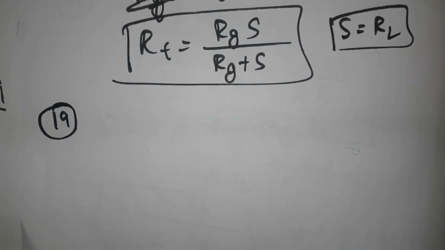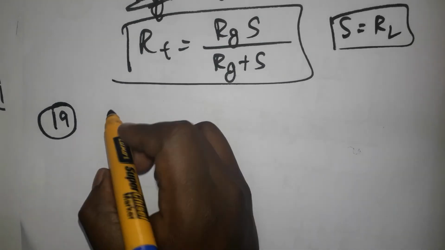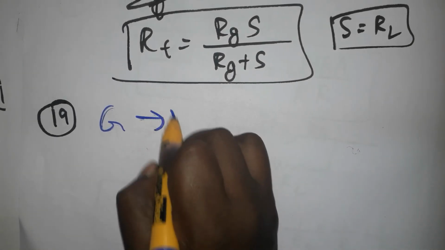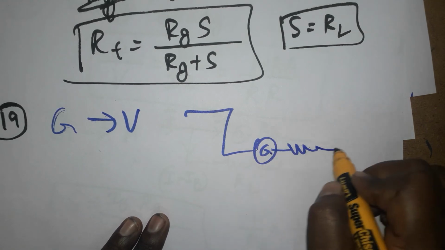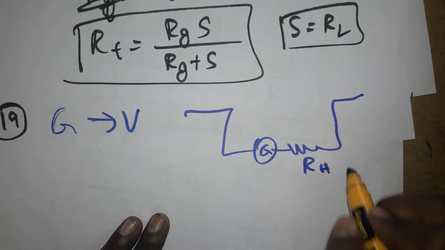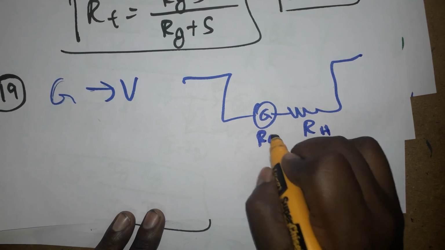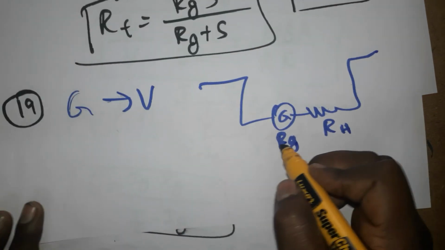Next, formula number 19. Converting a galvanometer to a voltmeter. The galvanometer is connected with a high resistance in series. I am taking the galvanometer resistance as Rg and the high resistance as Rh.